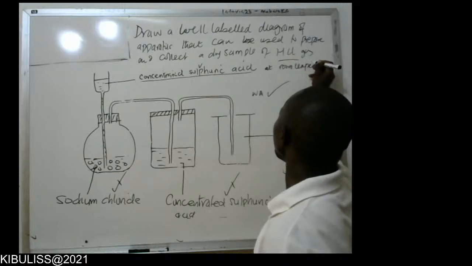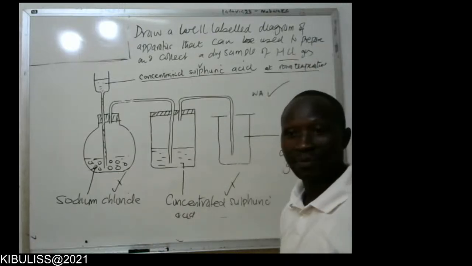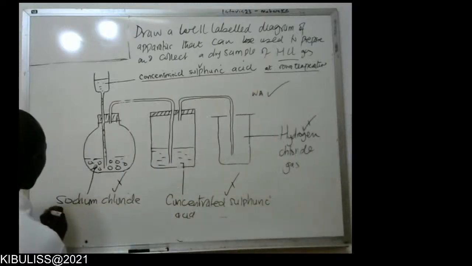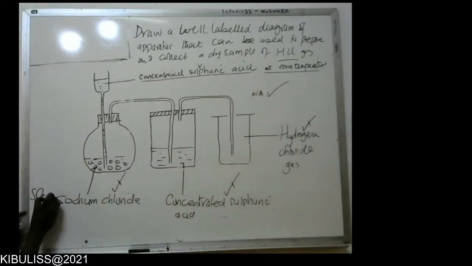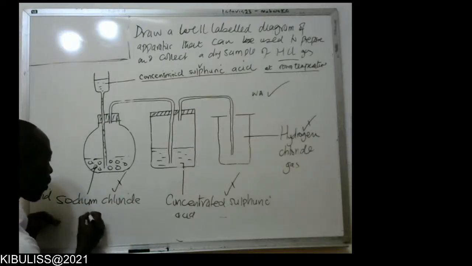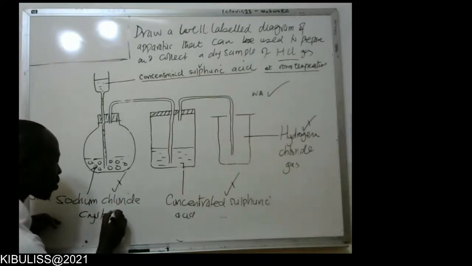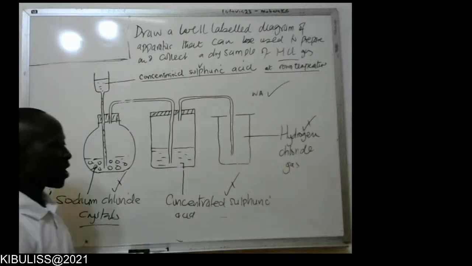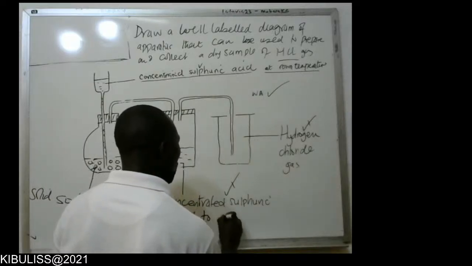You have seen there is an additional piece of information. This is solid sodium chloride, or sodium chloride what? Crystals. Crystals are not liquids. Additional information. So what is this? Concentrated sulfuric acid. Why?